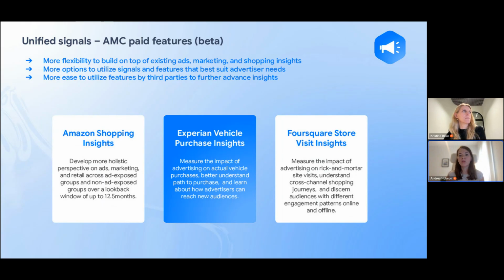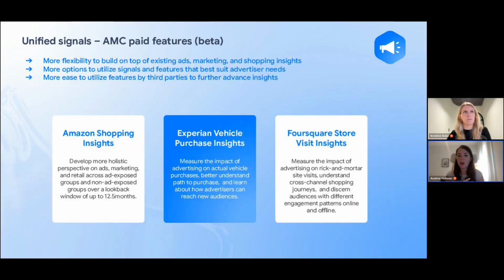So if we look into these different tools, Amazon Shopping Insights: advertisers here will be able to analyze both ad exposed and non-ad exposed groups across a look-back window that is around 12.5 months, and this will help you understand a broader relationship between the media exposure and the shopping behavior.